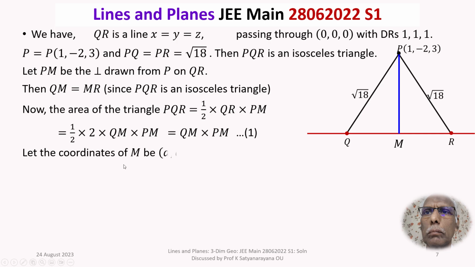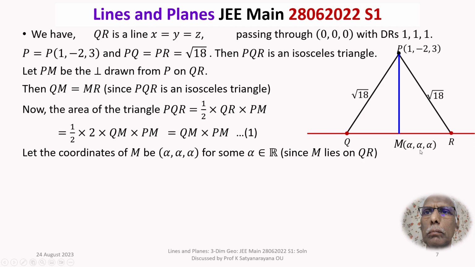Now let the coordinates of M be, so M is on QR and any point on QR is K comma K comma K. So therefore the coordinates of M be alpha comma alpha comma alpha for some alpha belongs to R because M lies on QR, right?